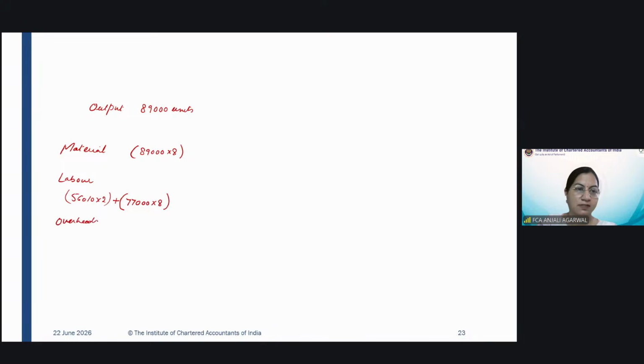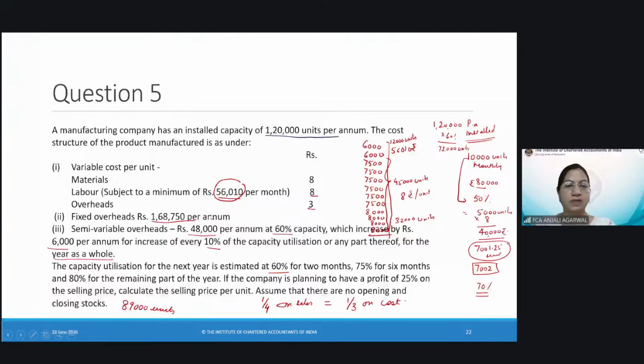Overheads, all these are totally variable. 89,000 into 3. Sorry. Is it okay? So all the variable expenses have been mentioned. Material at the rate of 8, overheads at the rate of 3, whereas labor will be different.